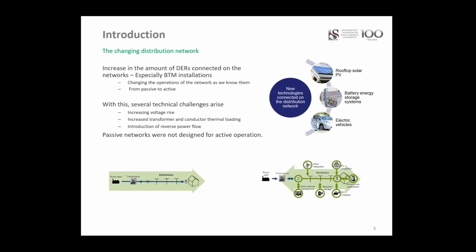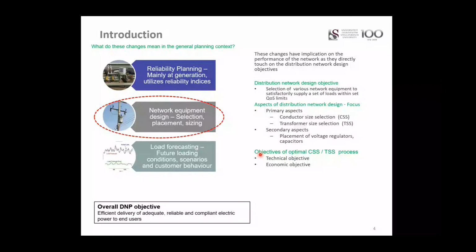So we have categorized distribution network design into several aspects, which include the primary aspects as well as the secondary aspects. And we are focusing on the primary aspects, which include conductor size selection and transformer size selection. The transformer and conductor size selection are referred to as TSS and CSS hereinafter. So the objectives of your CSS or TSS process are twofold, as we all know. It's either technical or it's economic.